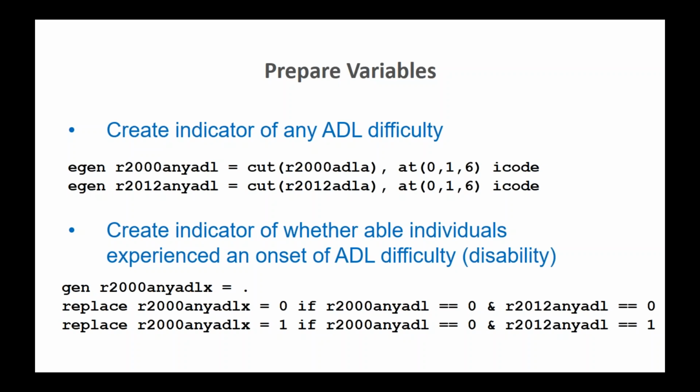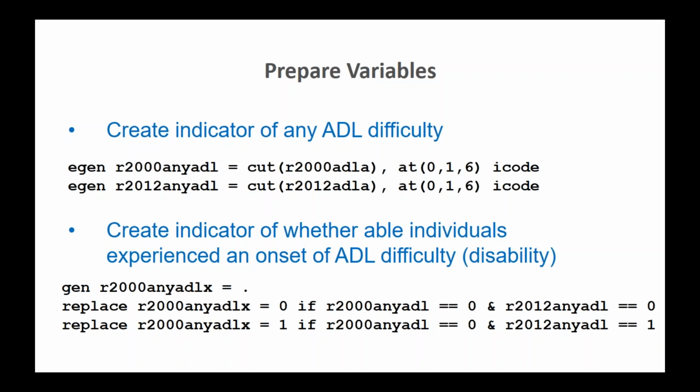You might notice here that we are leaving out anyone, of course, who had a difficulty in 2000. We're not really looking at them. So further analysis might be wanting to look at exactly who are people who had a difficulty in 2000, who maybe still had a difficulty in 2012, who were still inside of our sample.